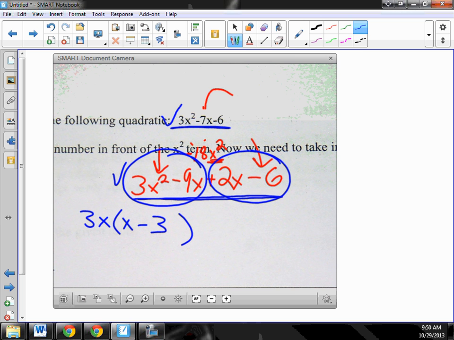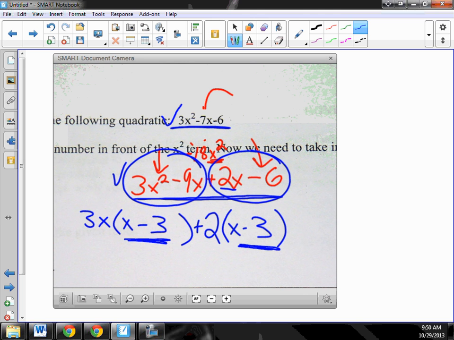Okay? In the second group, what do they share? A 2, a positive 2, and what's left over? Well, 2x over 2 is just x. Negative 6 over 2 is negative 3, and that's what I get. Now notice, this parenthesis is exactly the same as that one.